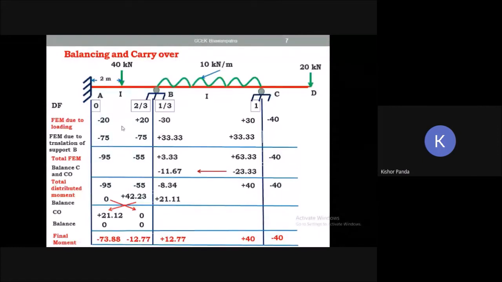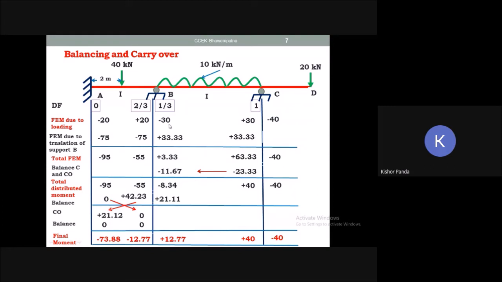Take the sum of these two fixed end moments, that is the fixed end moment due to the external loading and the fixed end moment due to the translation of support B. What is the sum? The total fixed end moment: this is minus 20, this is minus 75, so this is minus 95, and here 20 minus 75, so minus 55.